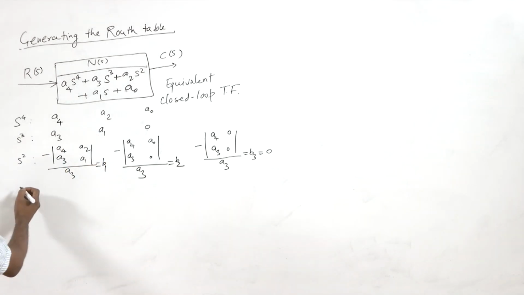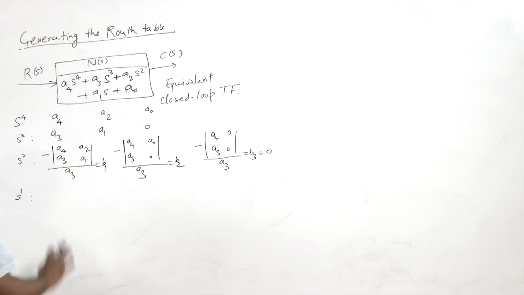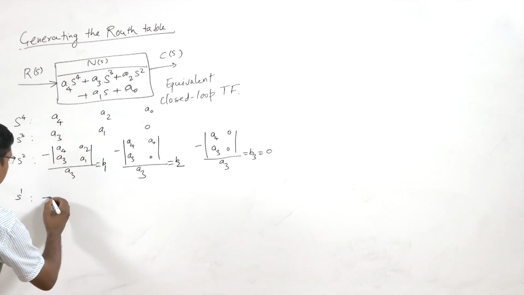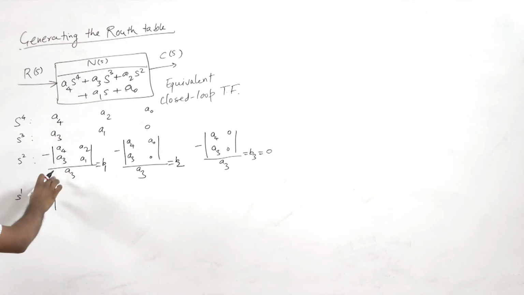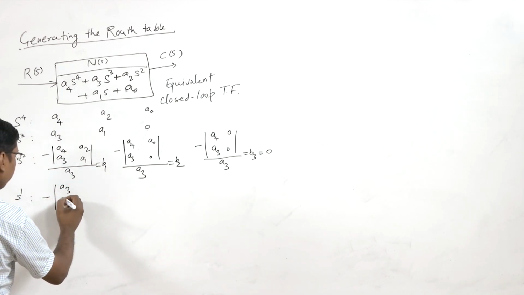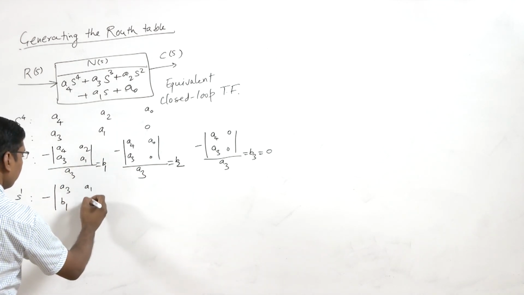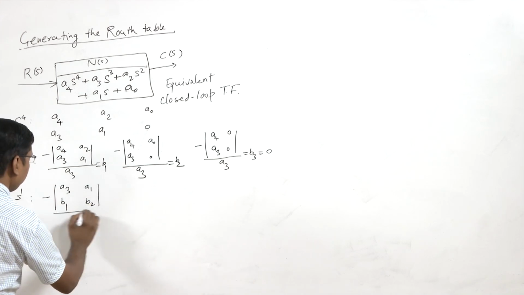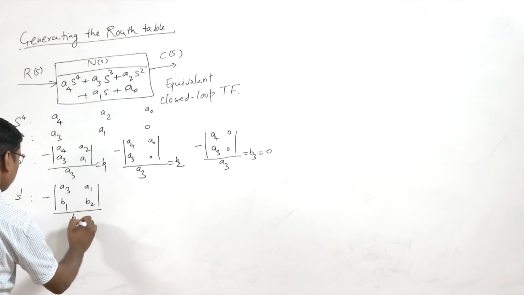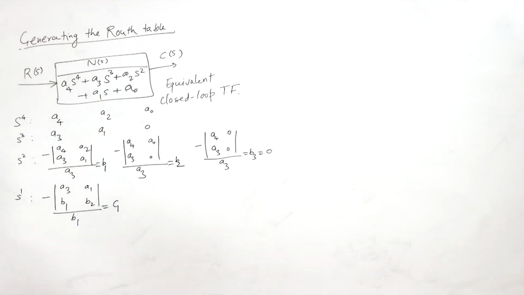Now, the S1, now we will again apply the same rule and we will get minus. Now, the next, the previous two rows column is A3, B1, A3, B1, and the next one is A1, B2 divided by B1, and let us say this is C1.